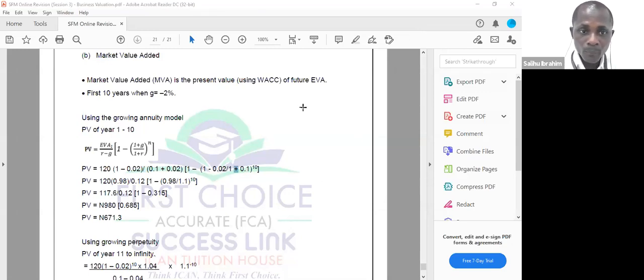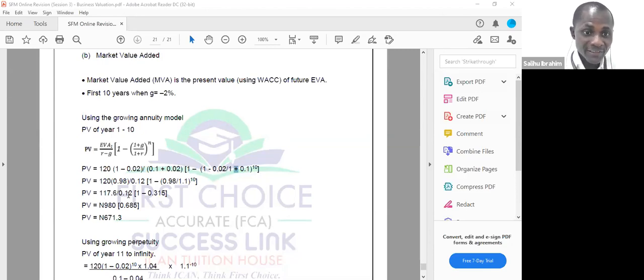So when you evaluate that, we have 120 into bracket 0.98 all over 0.12 into bracket 1 minus 0.98 all over 1.1 raised to power 10. Can you see that? N is 10 because we are looking at the present value for the next 10 years.